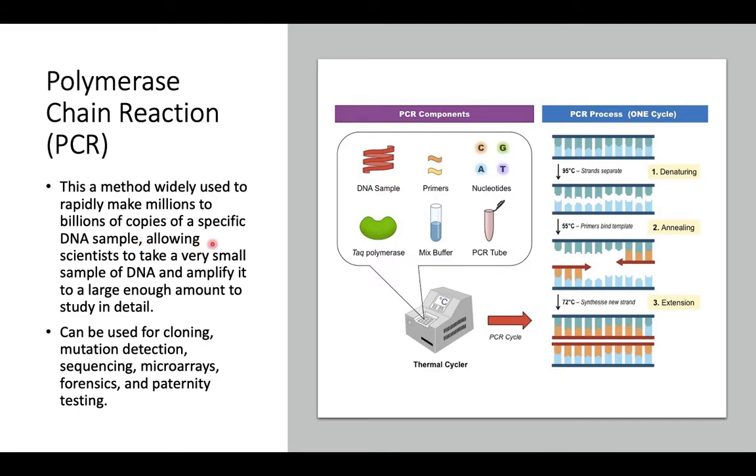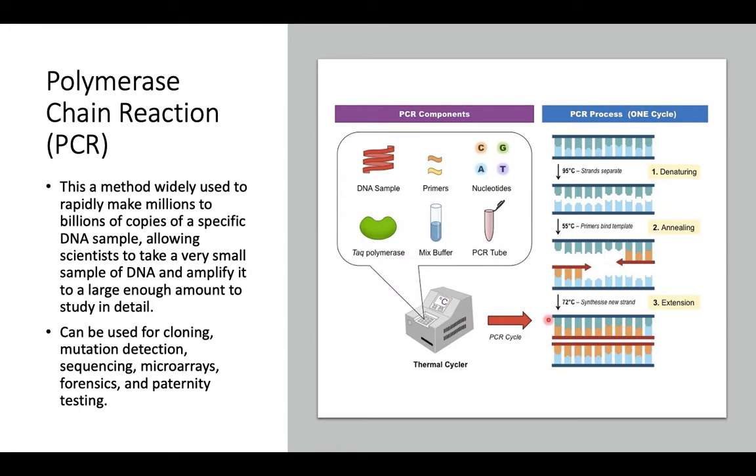So you can take a very small sample of DNA and then you can make a lot of it. And then you can take that DNA and you can use it for cloning, mutation detection, sequencing, microarrays, or you're probably more aware of how it's used in forensics or paternity testing.